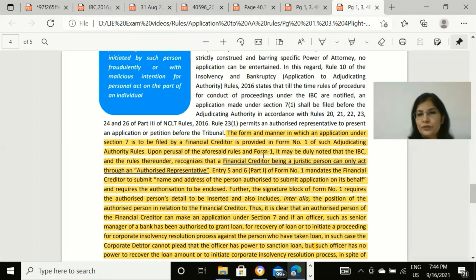If you peruse Form 1, you will recognize that a financial creditor, being a juristic person, can only act through an authorized representative. Entries 5 and 6 in Part 1 of Form 1, if you recollect, say that he has to give the name and address of the person authorized to submit the application on its behalf, and along with that the authorization shall be enclosed. The signature block of Form 1 requires the authorized person to insert therein the details and the position of the authorized person in relation to the financial creditor.